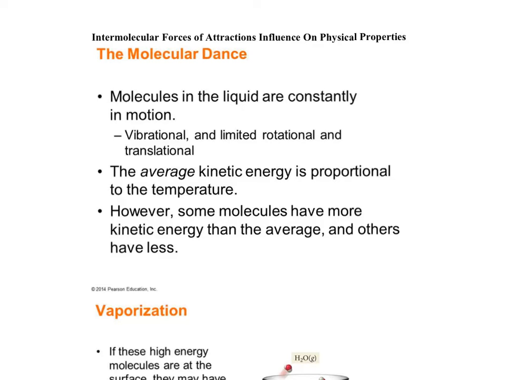But what I want you to know is that if you were to look at a distribution of molecules, you will find they don't all have the same kinetic energy. There's an average kinetic energy, but some of the molecules have more than the average energy and some have less. So let me show you a plot I found and then manipulate it a little bit. And this will point out what I'm trying to say.